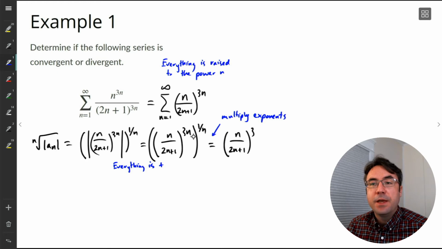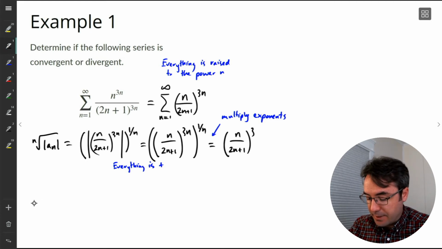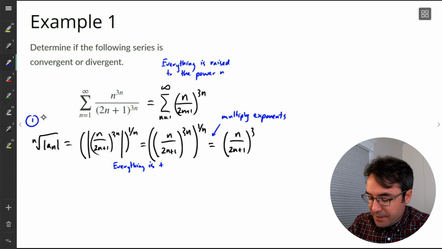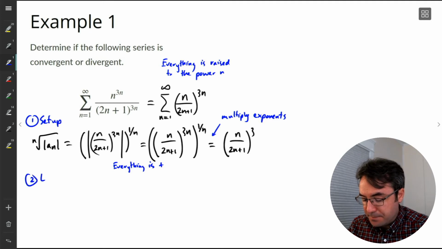All right, so with the root test, we're interested in this nth root of the absolute value of a_n, and we've simplified it down. Now we actually have to go through and calculate the limit. So the first step here might be just to get this thing set up and simplified. The second step is to actually do the limit.